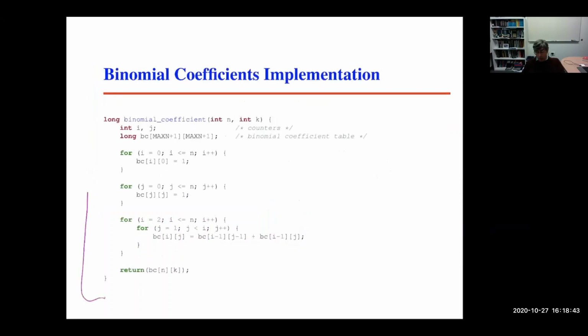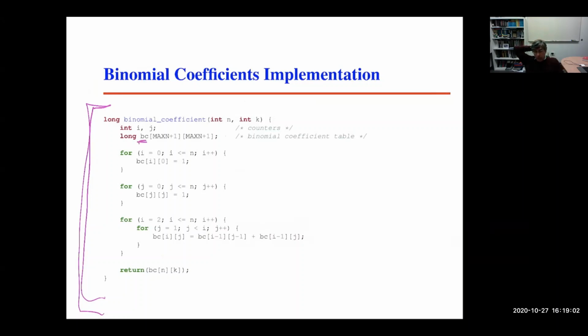This is the important thing I want you to see and understand. This is an implementation of using dynamic programming to evaluate that binomial coefficient recurrence. What are we going to do?